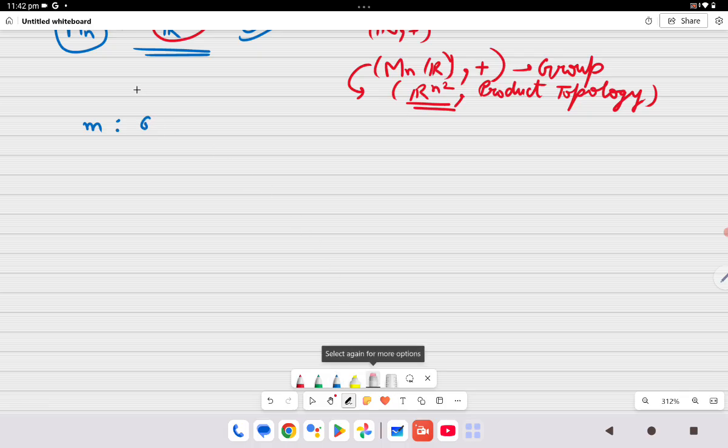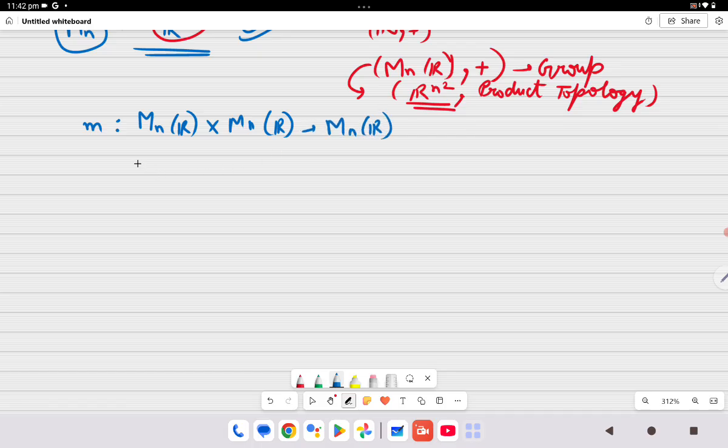So here we are going from MnR cross MnR to again MnR, such that M of A comma B is equal to A plus B. Okay, so again sequential criteria use करेंगे, and here let me write inversion के लिए भी.